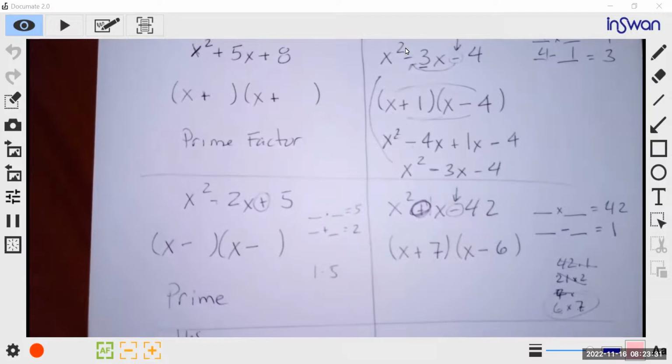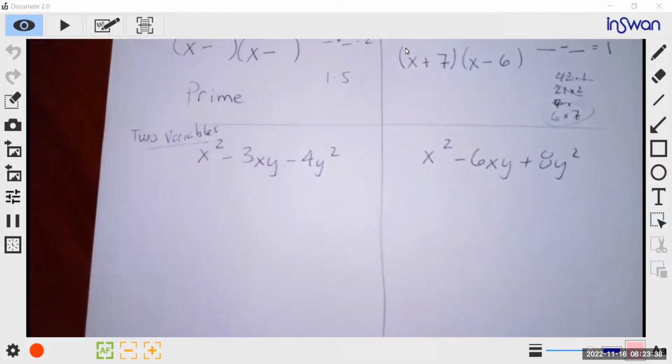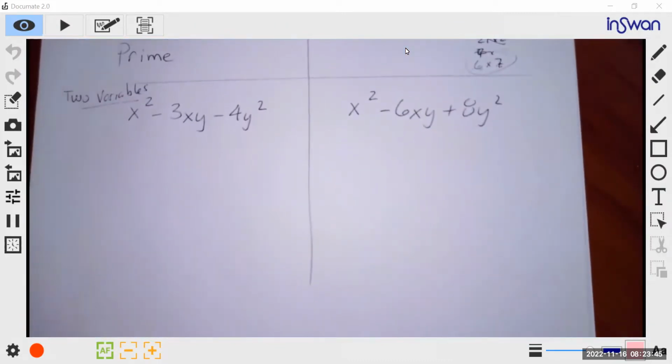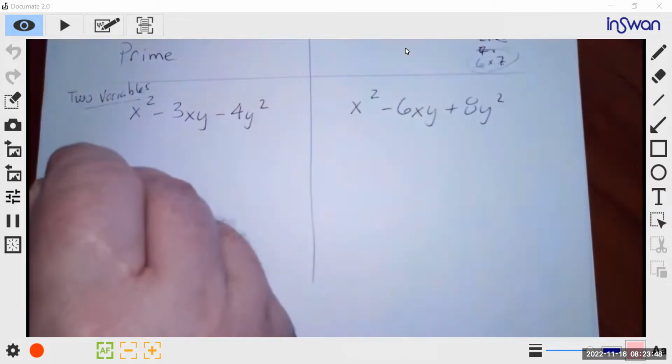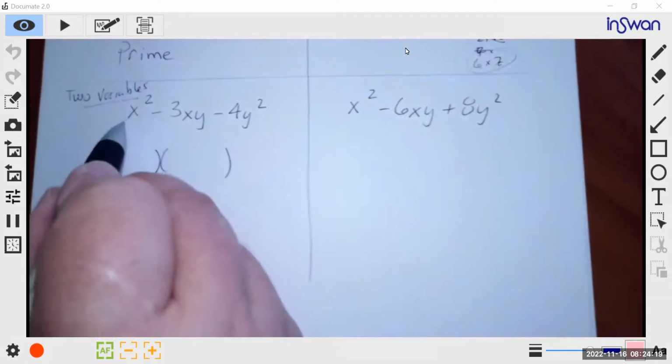Now, what if we had two variables in our equations? Whenever you have two letters, two variables in your equations, what goes in the first spaces?